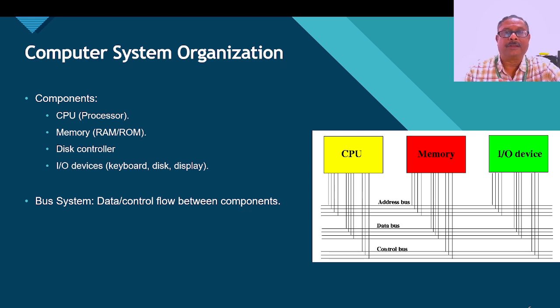The address is made up of two components: the first is which device is to be used, and the second is the location in that device. These two together form the address, which is put on the address bus, and then finally the control bus will initiate which action is to be taken.